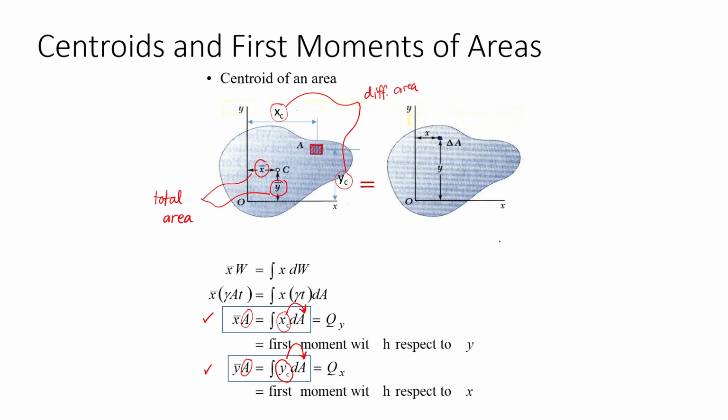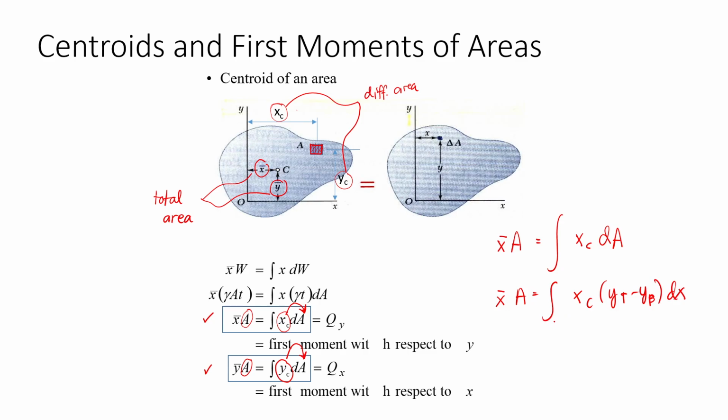So the formula is bar x times area equals the integral of x sub c, and then your differential area will depend on what strip you're going to use. It may be a vertical or horizontal strip. If you're going to use a vertical strip, it can be x sub c times y top minus y bottom dx.